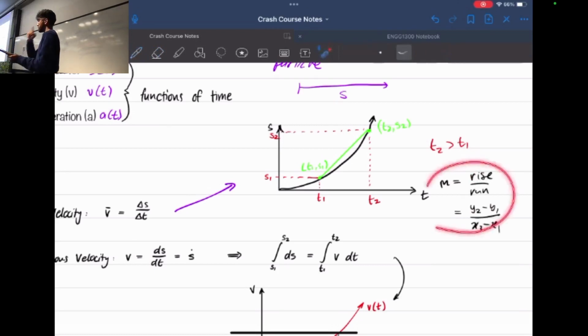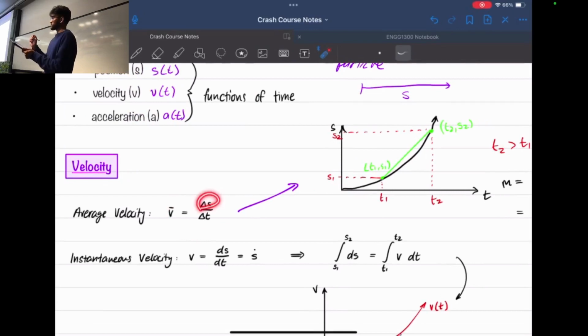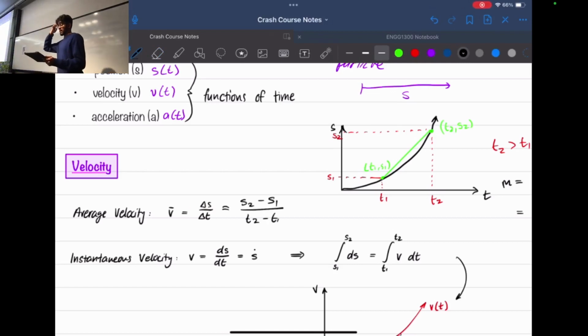From this formula, we pretty much get the average velocity being the change in displacement over the change in time. Okay. So I'll rub this out. Change in displacement, we can say s2 minus s1 over t2 minus t1, where s2 is our final displacement, s1 is our initial displacement, t2 is our final time, t1 is our initial time.